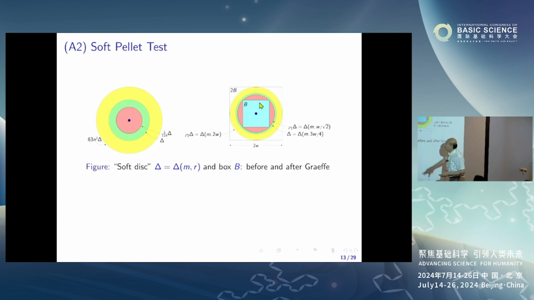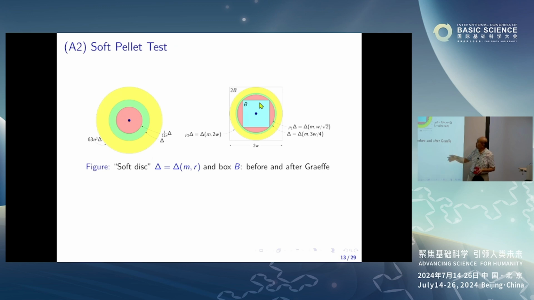And we know that there are no roots in the green and yellow region. But if you use the Graeffe expansion, we can turn it into a predicate. Usually when we do subdivision, we subdivide boxes. We don't use circle geometry. You can subdivide circles, but it's not easy.